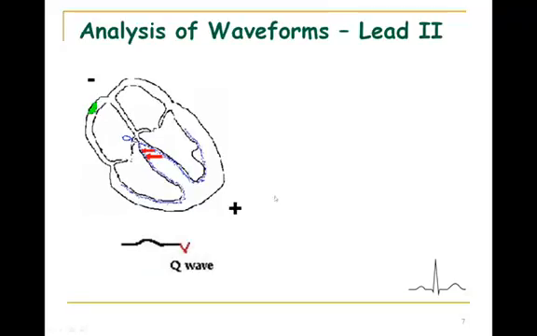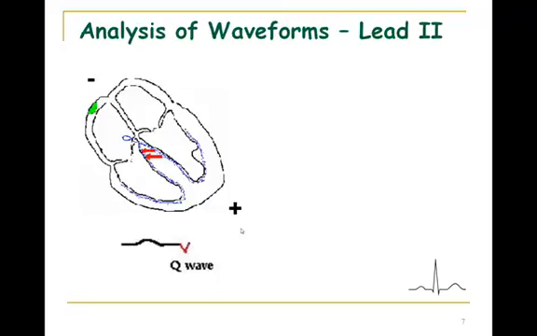Another waveform to look at. We're going to be looking at your QRS complex. It's composed of three waveforms, a Q, an R, and an S. The Q wave represents depolarization of the interventricular septum. That's the first part of the ventricles to depolarize.